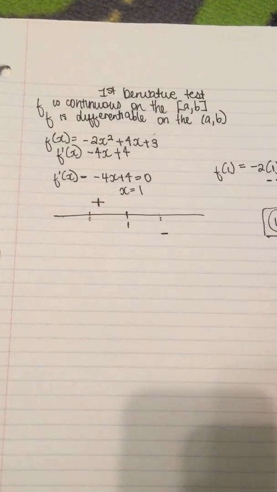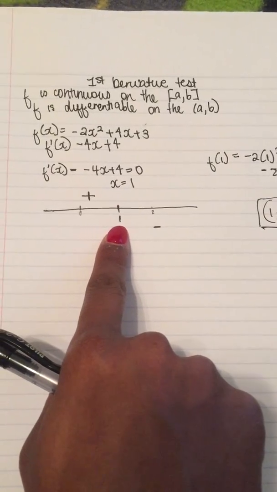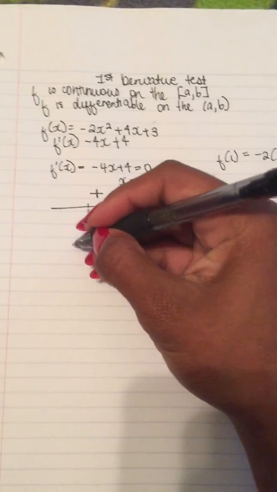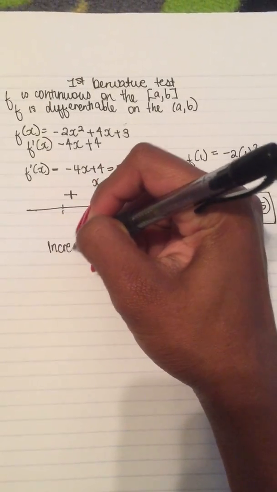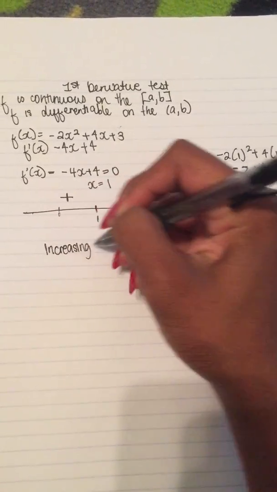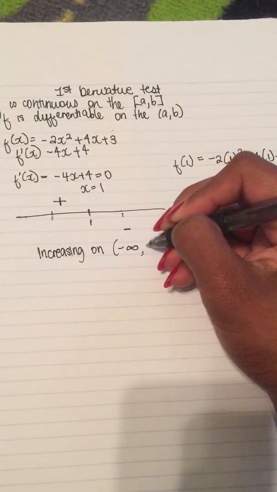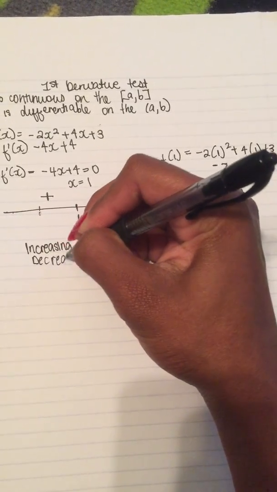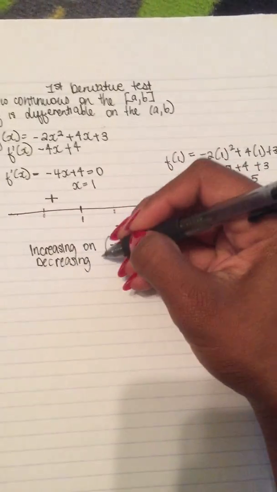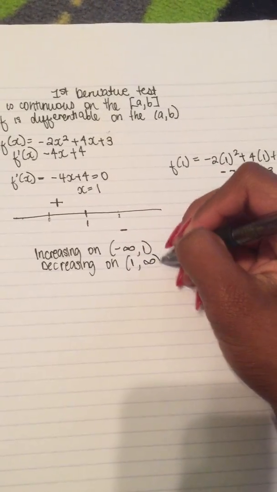So now we can use that. From negative infinity to 1, we have positive values, so we can say that it's increasing on negative infinity to 1, and that it's decreasing on 1 to infinity.